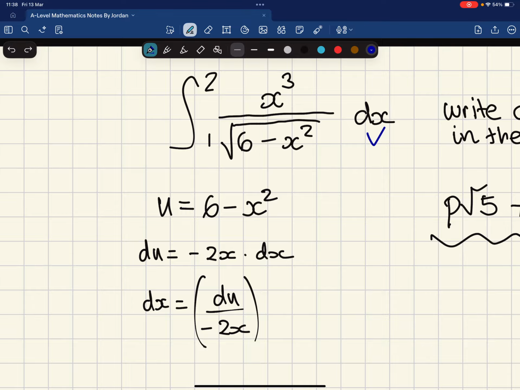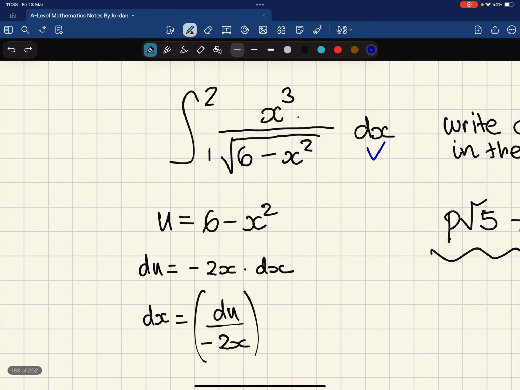Okay, now looking at the top bit, need to worry about that. If I have an x at the bottom, that's going to take one of the powers off of this, so that will turn into a power of 2 if you like. So then we need to think about what we can do about x squared. Now I'm seeing an x squared there, so I'm just going to rearrange that for x squared.